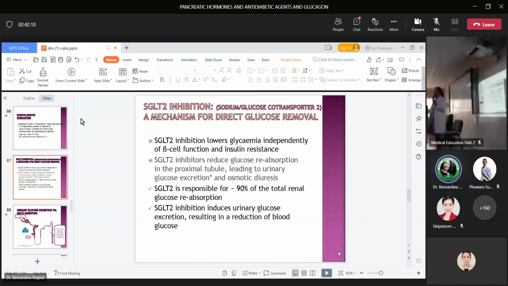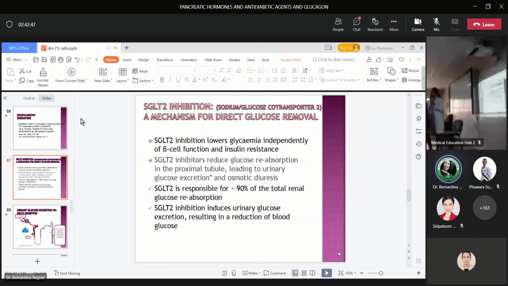Okay, so let's go to your SGLT2 inhibitors. What is the meaning of SGLT2? Sodium glucose cotransporter 2. This is a mechanism for direct glucose removal.